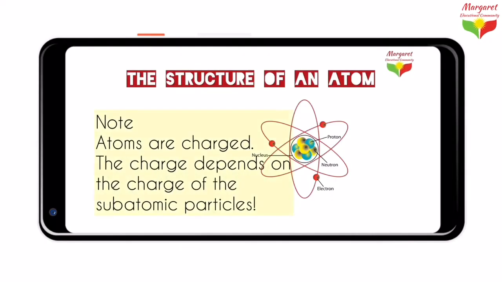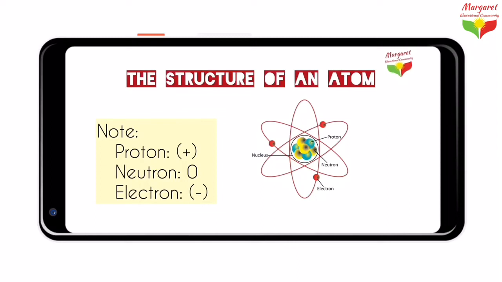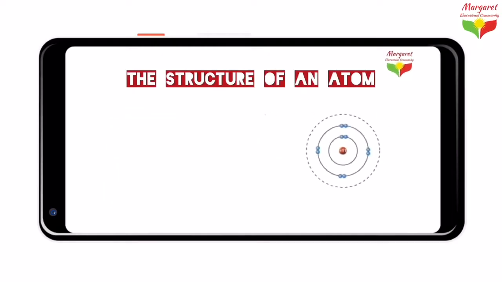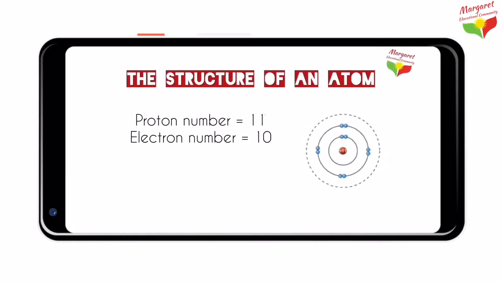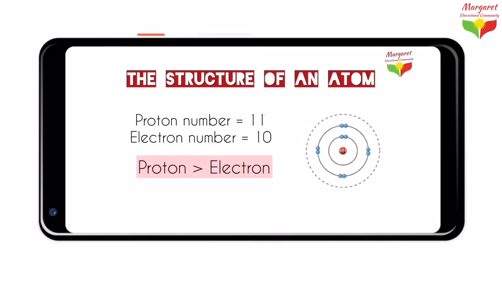Atoms have charges, and their charges depend on the subatomic particles they contain. Remember that protons carry positive charge, neutrons carry no charge, and electrons carry a negative charge. Now, if an atom contains more protons than electrons, the atom will carry the charge of the proton. It will be positive.